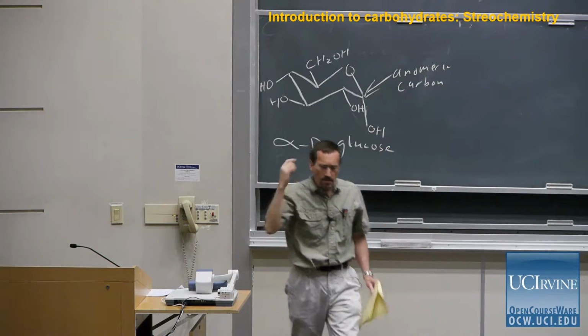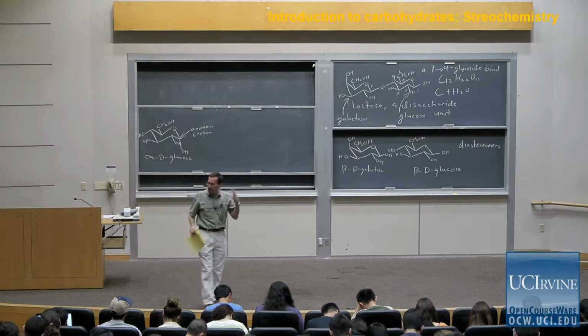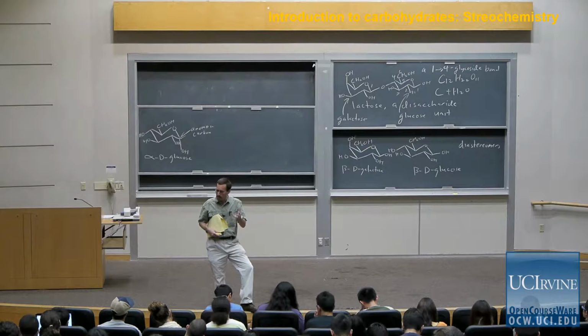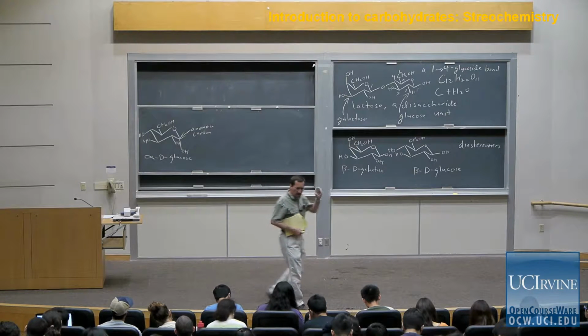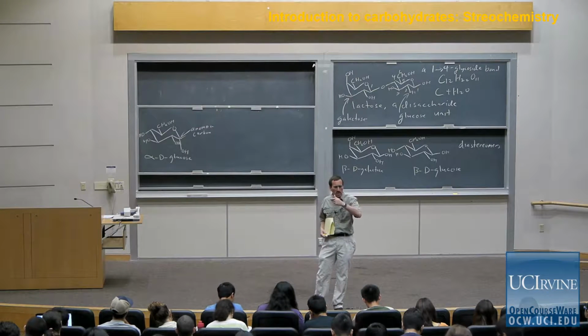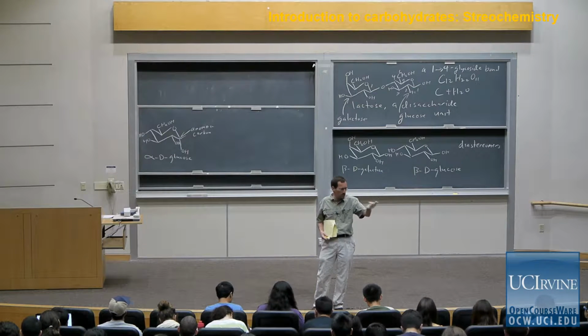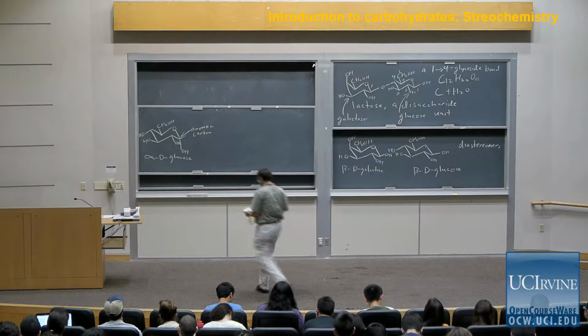So the carbon that makes up the hemiacetal occupies sort of a privileged position if you think about it, because unlike all the other positions, your stereochemistry there depends just on how you've closed the hemiacetal, whether you've closed it so that the OH group is equatorial or axial.